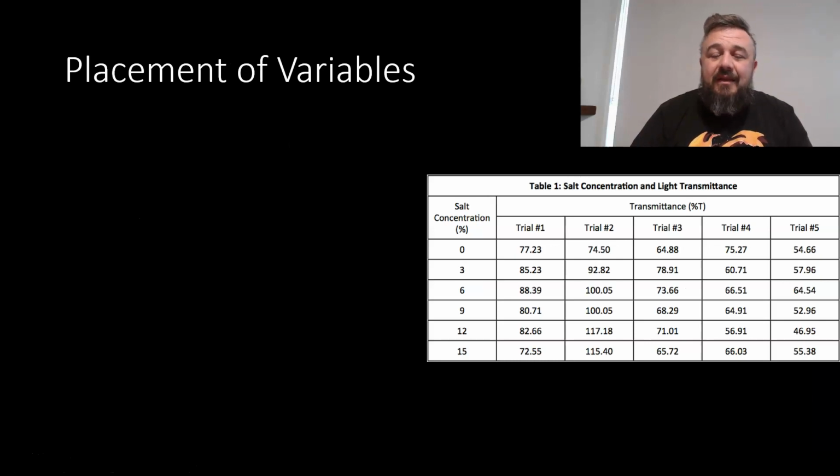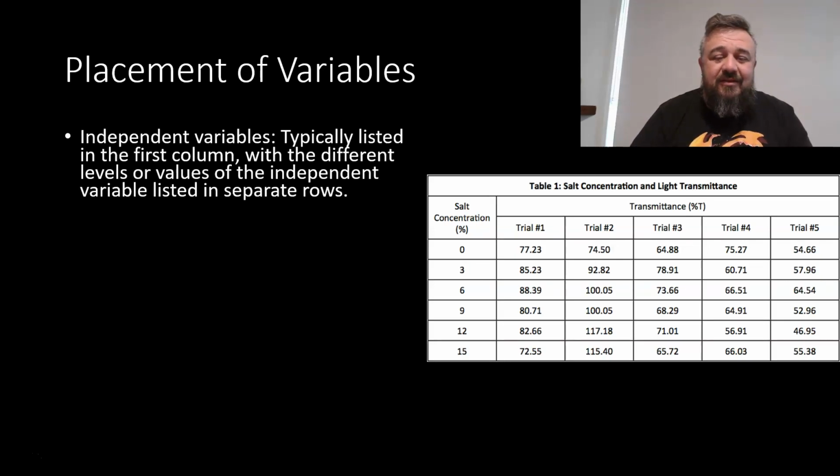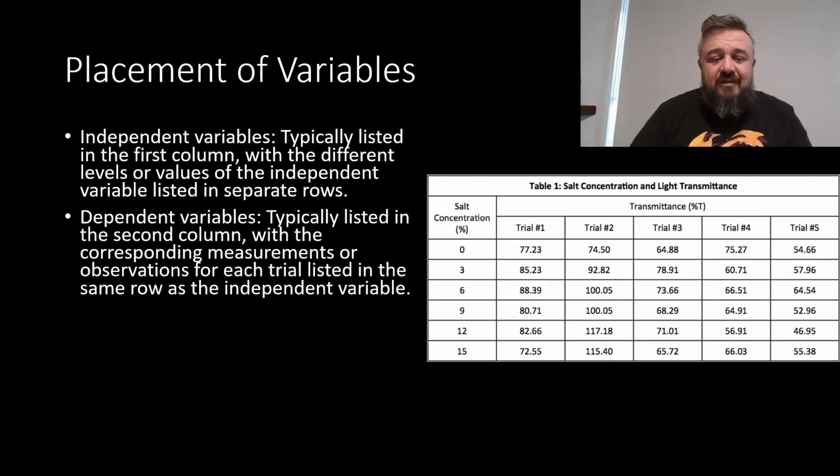All right. Now, we already touched on this, but where do we place certain variables? The independent variable, which is the thing we change, is typically listed in the leftmost column, okay? And then separate rows for each incident. The dependent variable is typically listed in the second column, and here we can see these are all dependent.